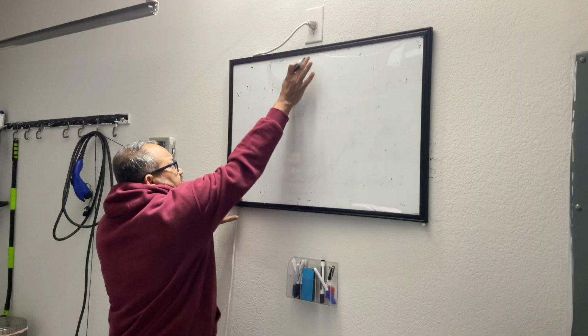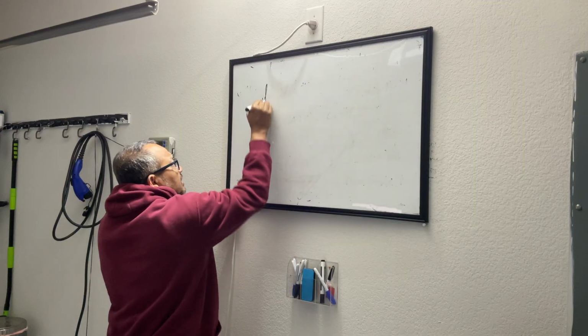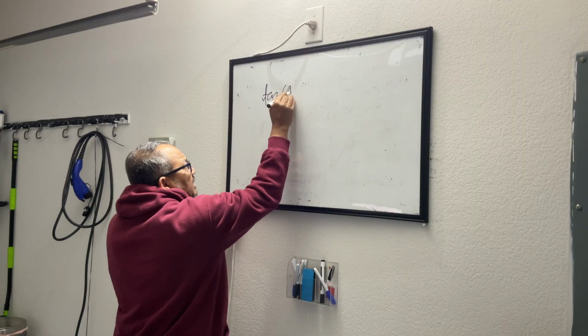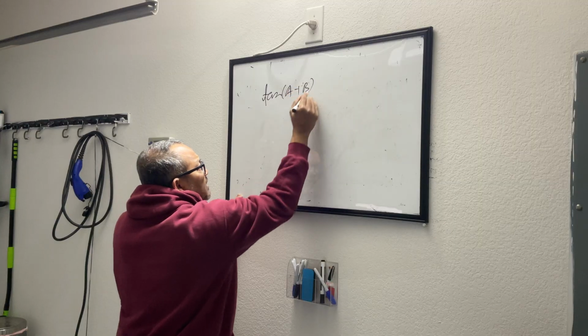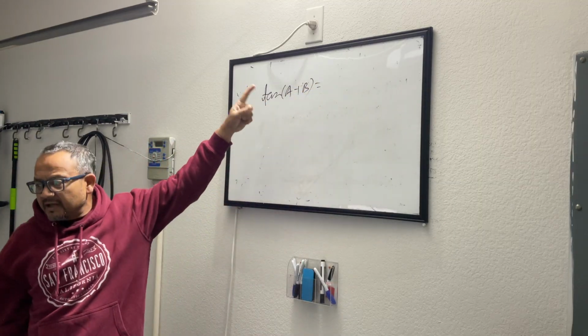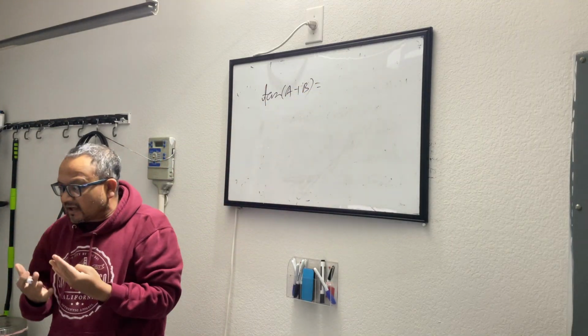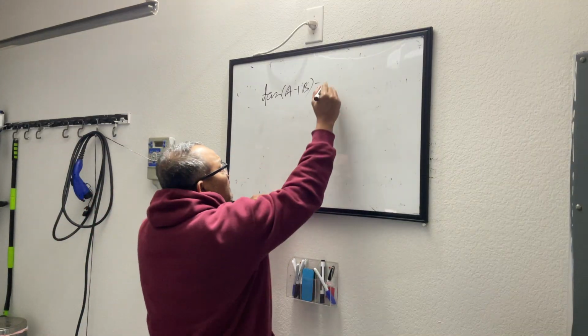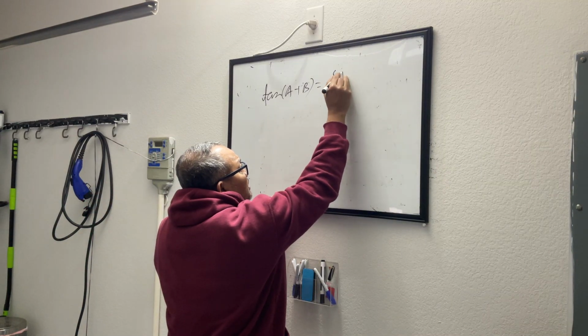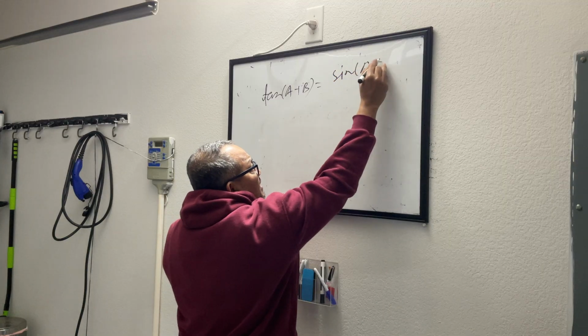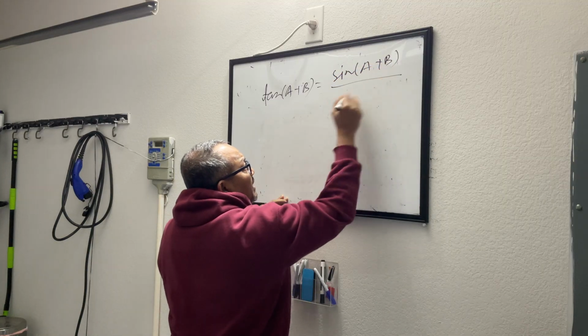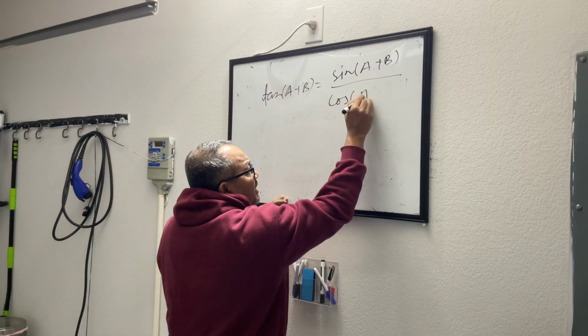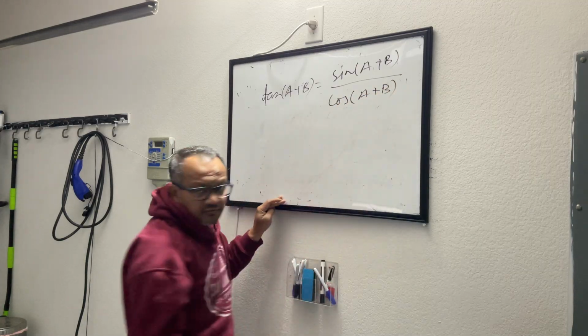So here we are trying to find tan of a plus b, and what we know is that tan of any angle is equal to sine of the angle divided by cos of the same angle, correct? So I can write tan of a plus b equals sine of a plus b divided by cos of a plus b. So far okay?